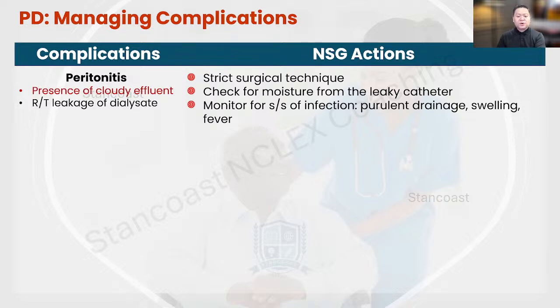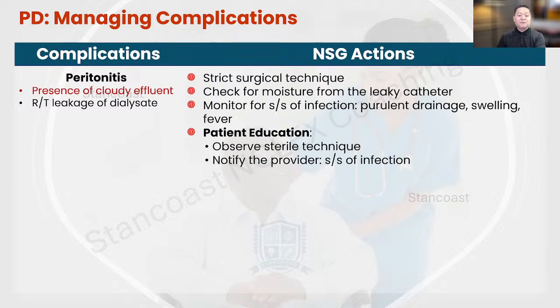Now, we want to make sure that we are checking for any type of moisture around the catheter to catch those leaks. And we have to make sure to teach our patient about the sterile techniques, and also the caregiver, whoever is helping them, what signs they need to look out for in case an infection happens. Part of the education to the patient is to make sure that they avoid any accidental tugging, okay, or twisting of the tube, which could cause some issues.